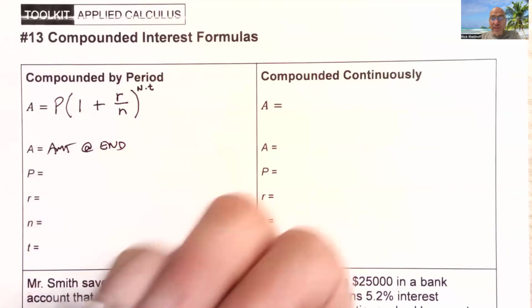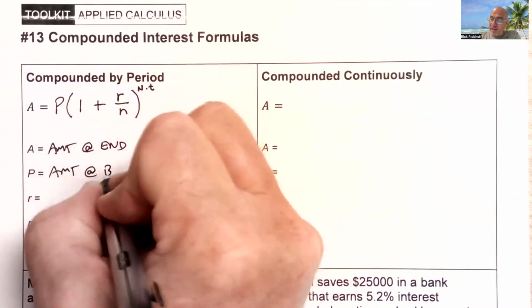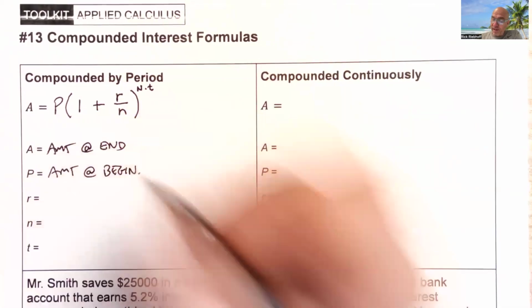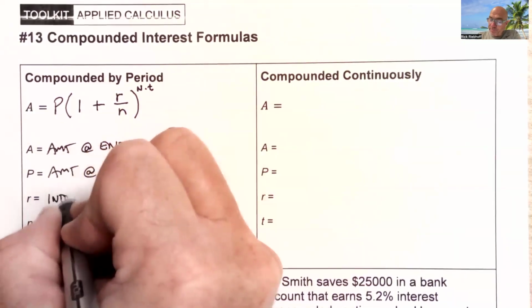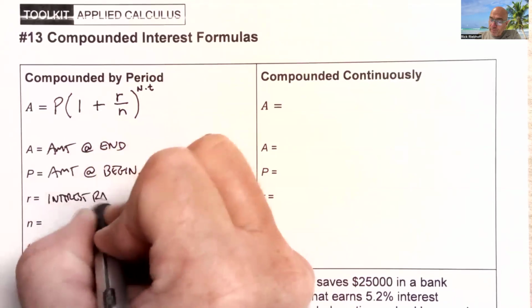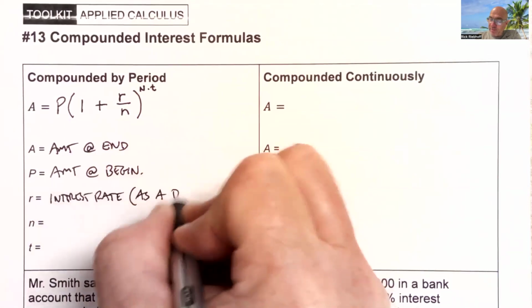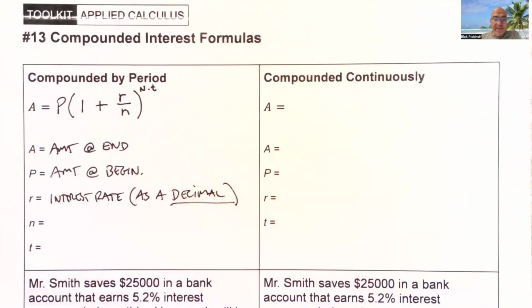P is called the principal. It's the amount that you have at the beginning. So what did you start with? What did you put in the bank? Amount at the beginning. R is going to be the interest rate. And it's important to understand this is as a decimal, not as a percentage. So as a decimal.